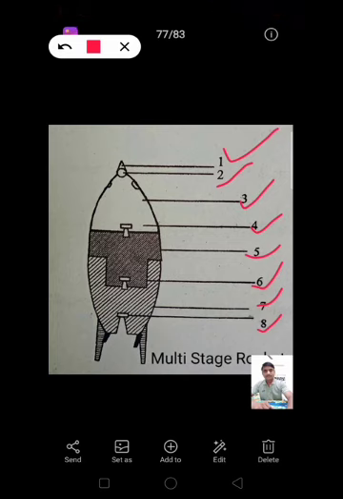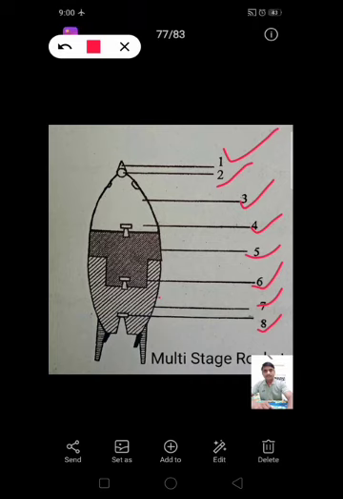Thus, in the diagram there are three stages: first, second and third stages. As we move from the first stage to the third stage, the mass of fuel and mass of body decrease. Just compare the size of the stages with each other.